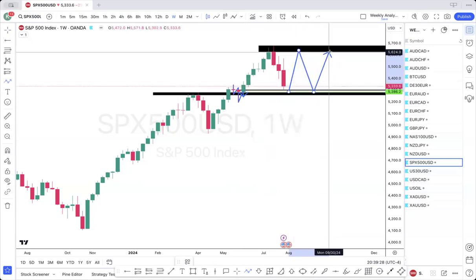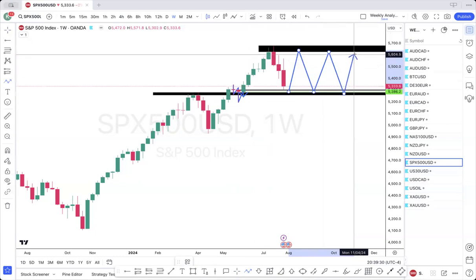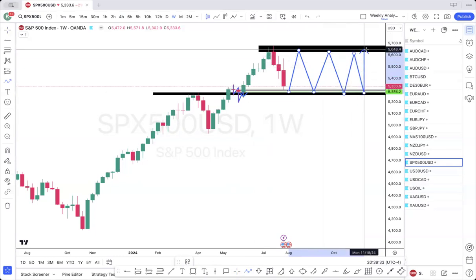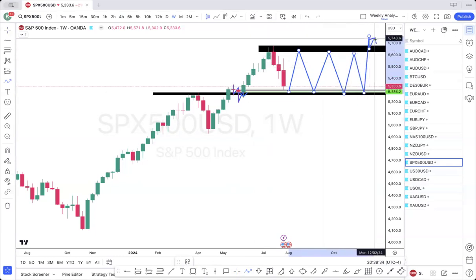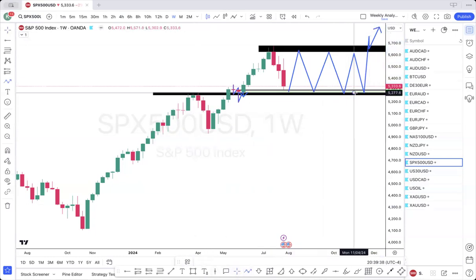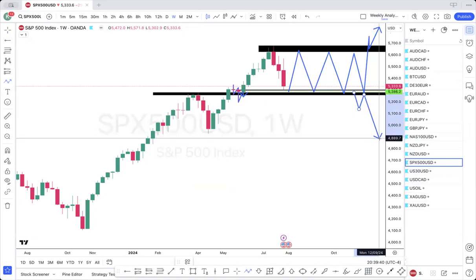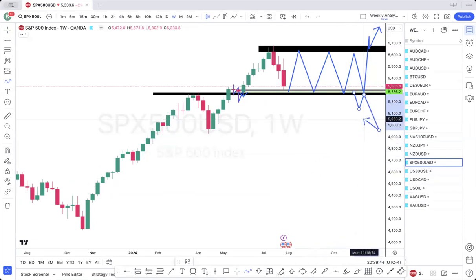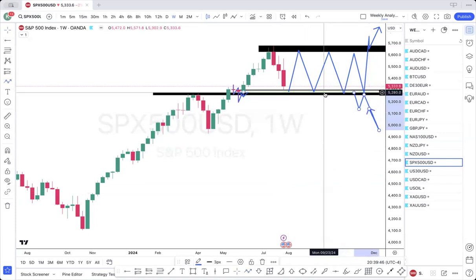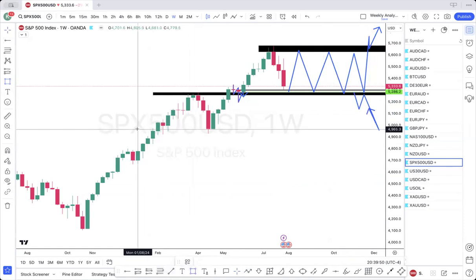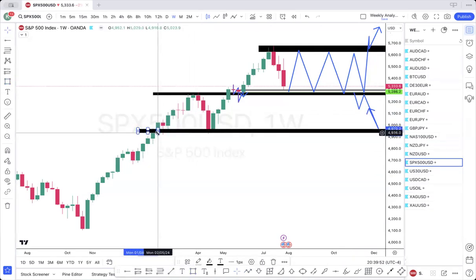So price could bounce in between these zones for some time before either breaking out the top to buy some more or breaking out the bottom to sell. We know, and then the next zone from this zone would be to here. Okay, from this key level here.